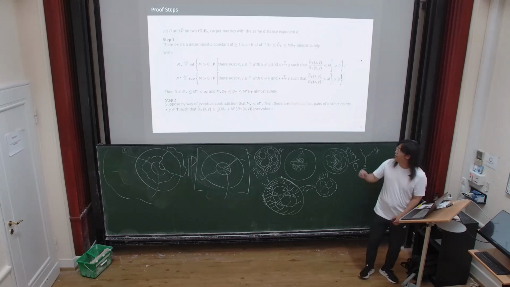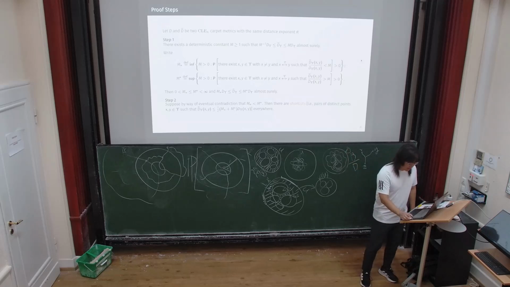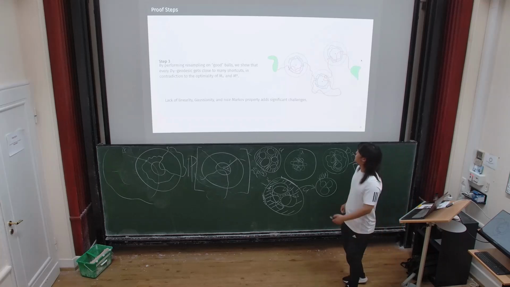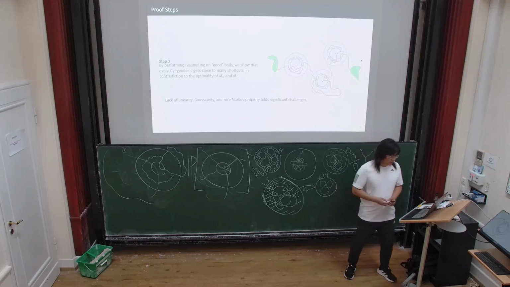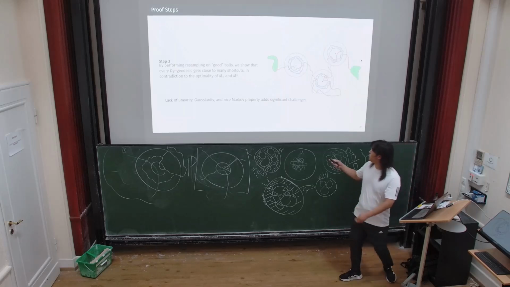We can prove that there are shortcuts everywhere. And if there are shortcuts everywhere, then we can prove by some resampling argument that every geodesic must get close to many shortcuts.